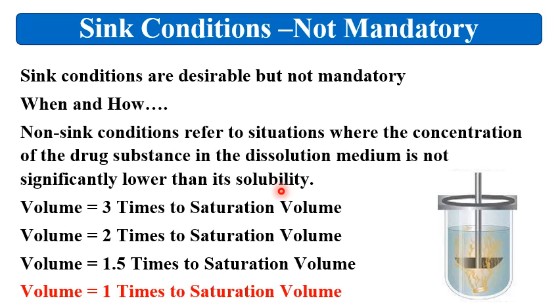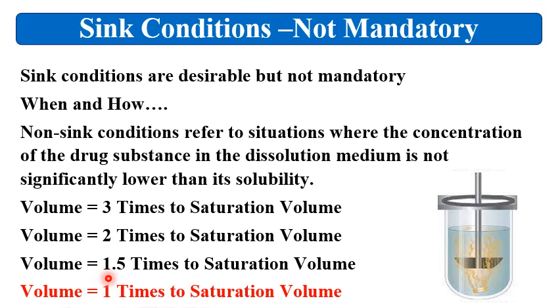That means your media is able to dissolve the dose 1.5 times, or you are taking the volume which is able to dissolve at least 1.5 times the saturation volume, or if not at all possible it should be able to dissolve 1 time the dose, that is volume is equal to 1 time the saturation volume. That means the media volume and the saturation volume is same.